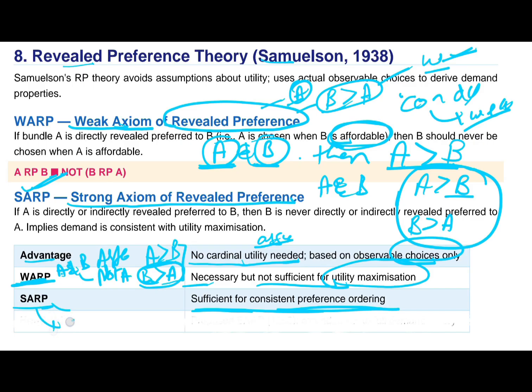For the sufficient condition, he is always consistent in his preferences. When A and B are both affordable, he always chooses A over B. So his preference should be consistent over time. Thank you.